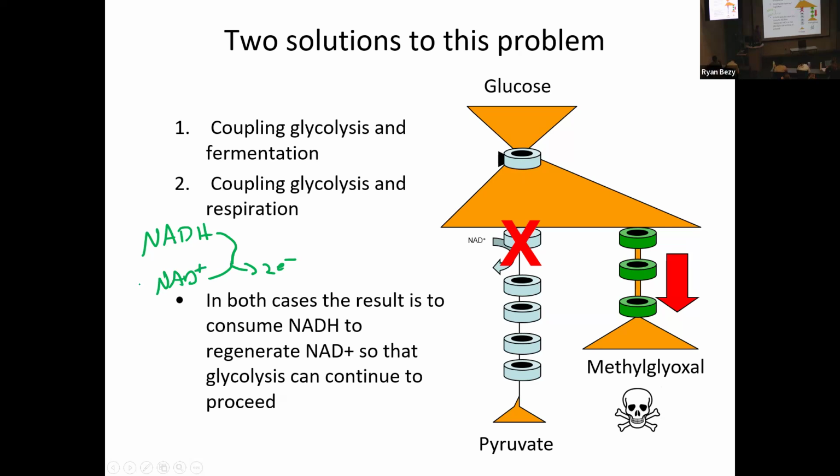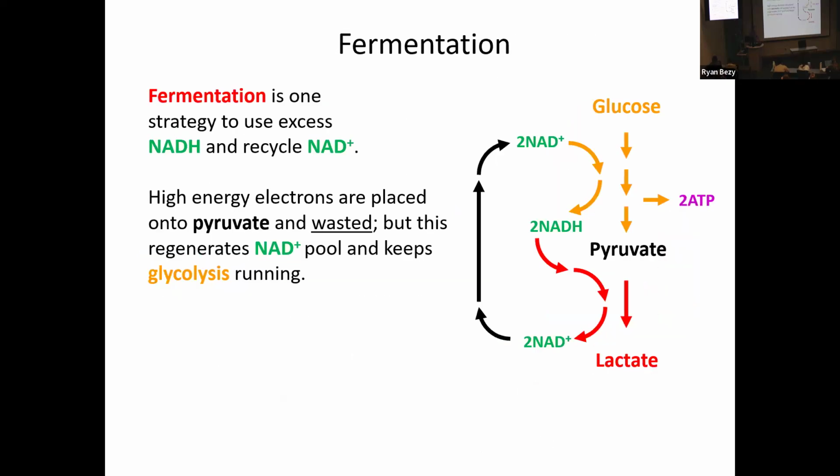So when you use up NADH, it recycles it back to NAD+ when those two electrons come off. Those two electrons are going to go into either fermentation or respiration. And one of the functions of both is to regenerate the NAD+ chemical pools and keep glycolysis running. But they do it in different ways. Fermentation. Fermentation is one strategy to use up excess NADH and, again, recycle it back to NAD+.